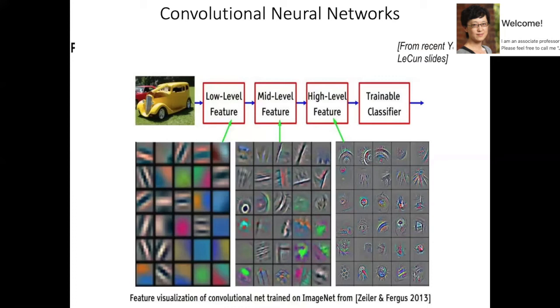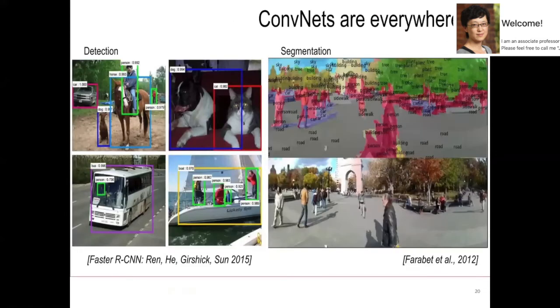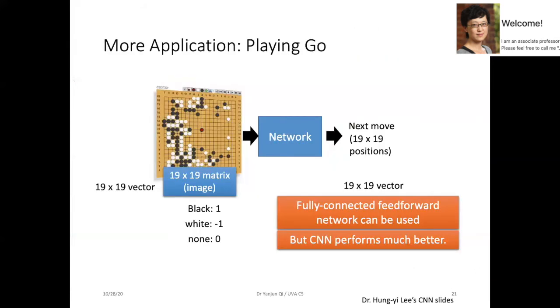Essentially, this convnet is just learning layer by layer more and more abstract features. It's dominating almost all the vision input tasks, like classification, retrieval, detection, segmentation. It's even used in modeling matrix type of inputs, like in this case, the Go game.